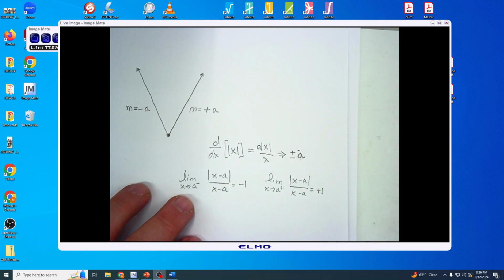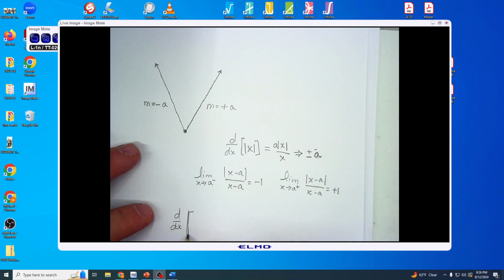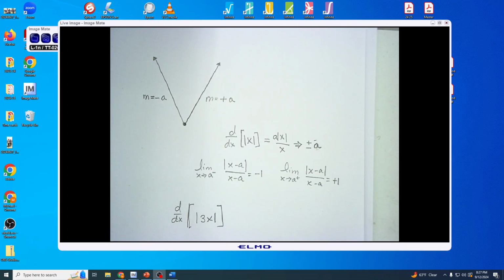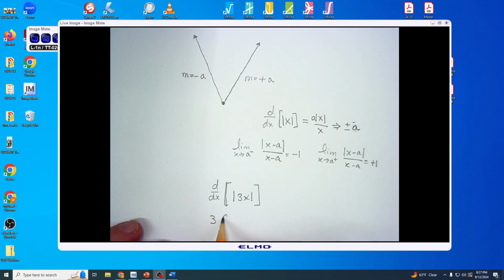So if I'm trying to find the derivative, let's say find the derivative d dx of the absolute value of, let's just say, 3x. Once again, we're looking at something that's fairly straightforward. We would move the constant out in front and then take the derivative d dx of x.